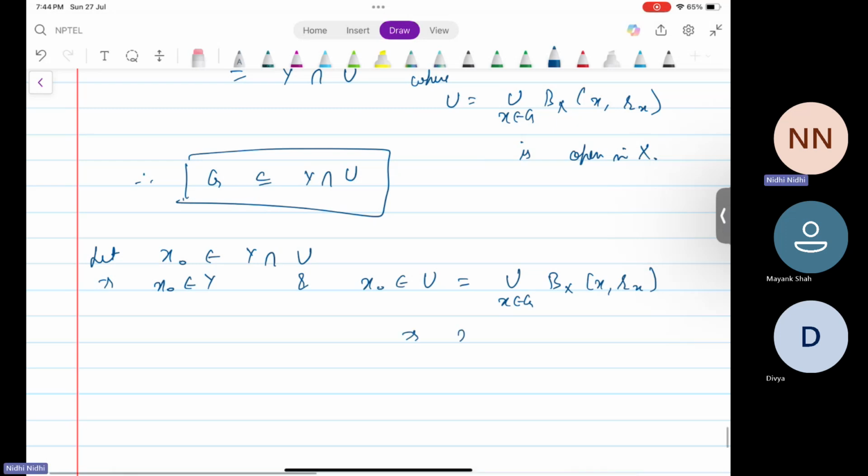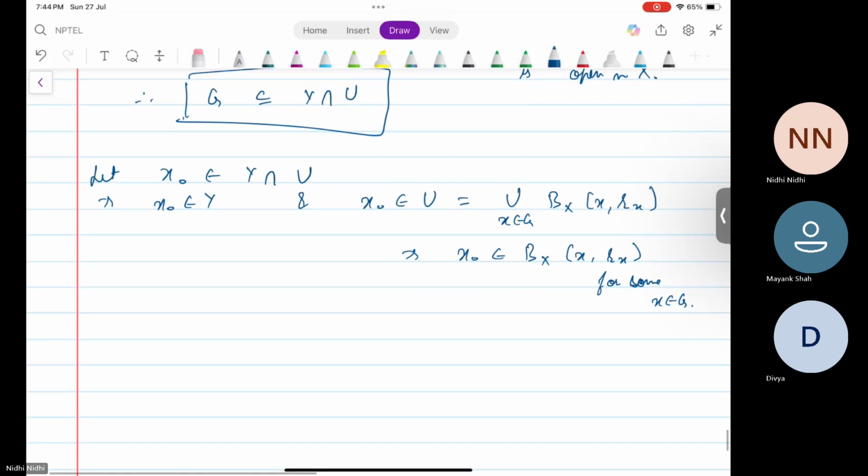This implies x naught belongs to B(x, r_x) for some x in G. This implies the distance between x naught and x is strictly less than r_x. And this is in terms of x.